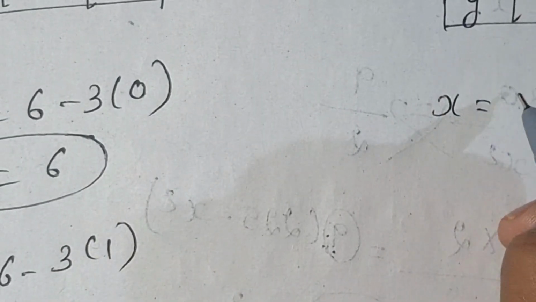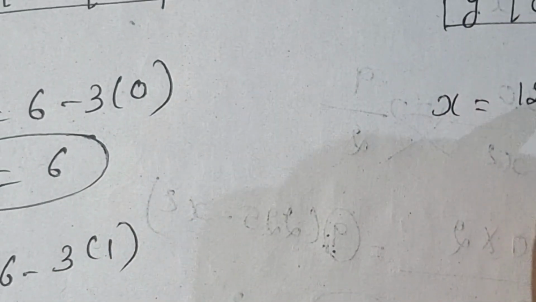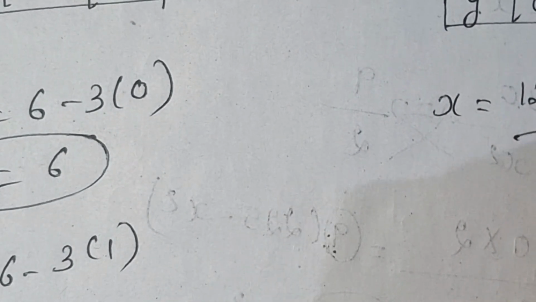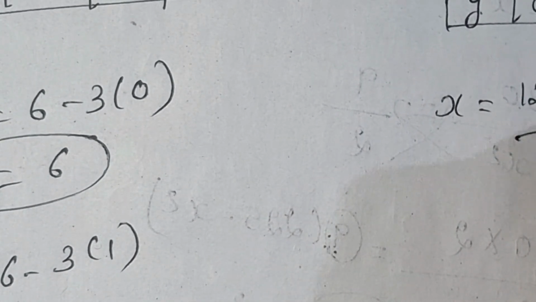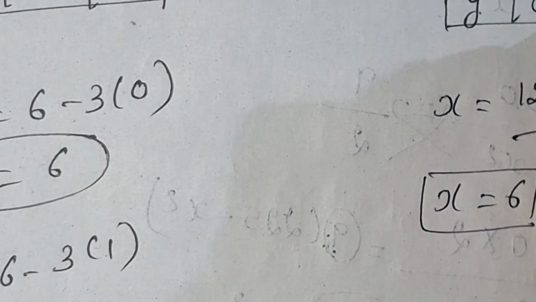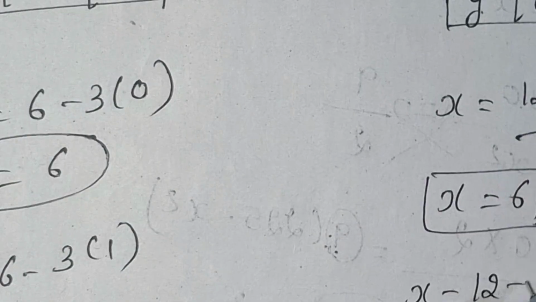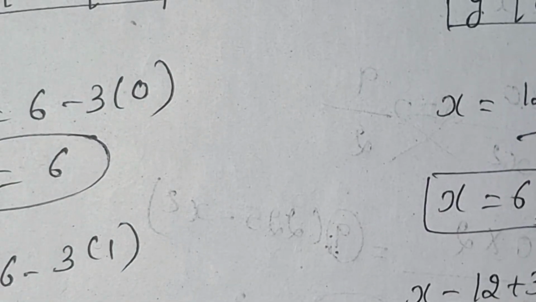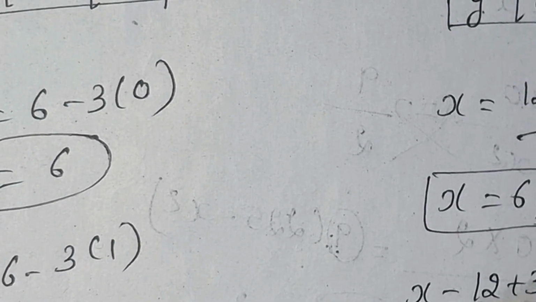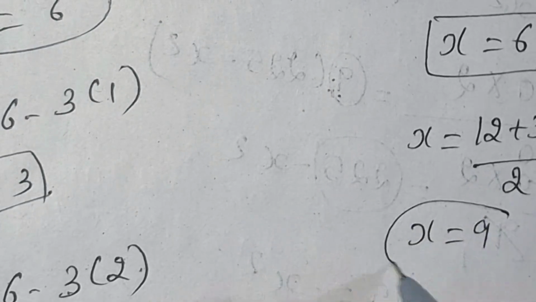Then put y equal to 0 and find out the x value. x equal to 12 plus 3y by 2. y becomes 0, so 3 into 0 is 0. 12 by 2, 2 sixes are 12, so x equal to 6. Then put y equal to 2: x equal to 12 plus 3 into 2 by 2. 12 plus 3 twos are 6, 18 by 2, 2 nines are 18, so x equal to 9 when y equal to 2.